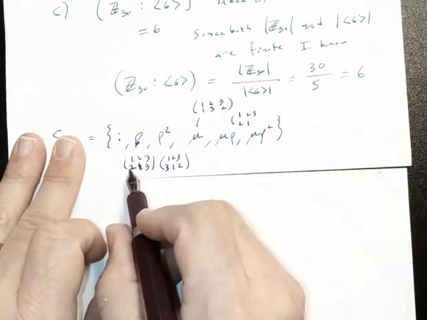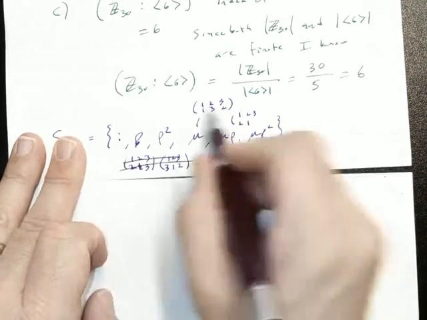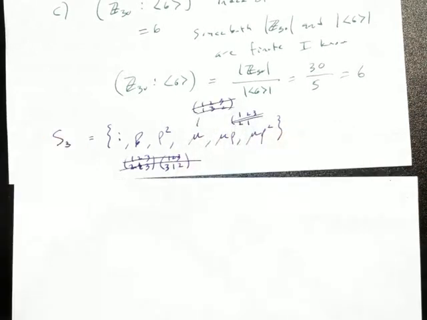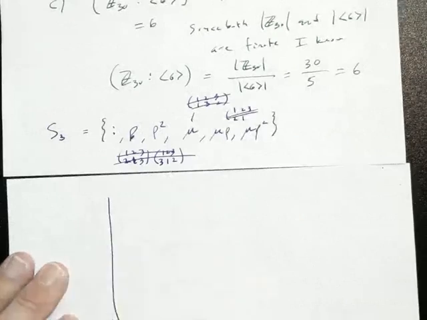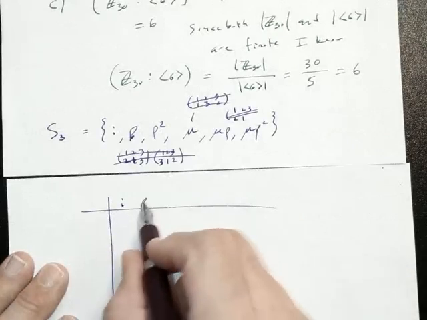I wrote this one backwards. No wonder I'm looking at this wrong. See what I mean? The problem is memorizing all of these, and I've forgotten them. There's a table for S3 in the book, though, right? Might be a table for D3. This is my problem. In order for me to do this one, I need to remember how to multiply these permutations. So let's do it that way instead.